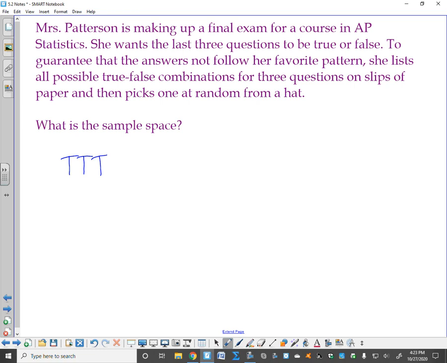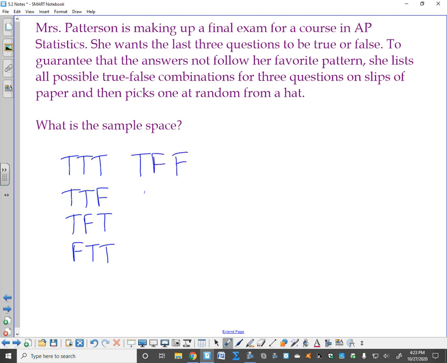Okay, now I'm going to enter one false answer. I'm going to start on the back, move it to the middle, and then move it to the front. So I have 0 false answers, and then there's 1 false answer, and all the possible combinations of having 1 false answer. Now I'm going to do 2 false answers.